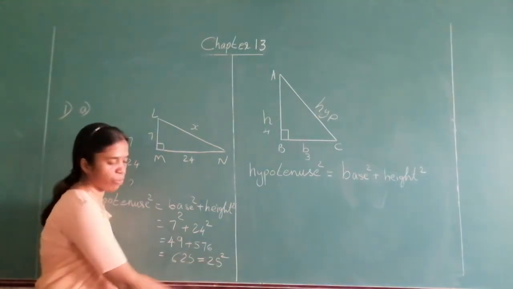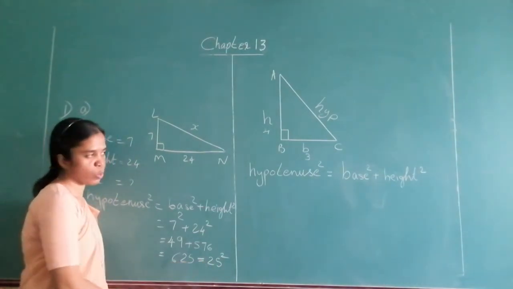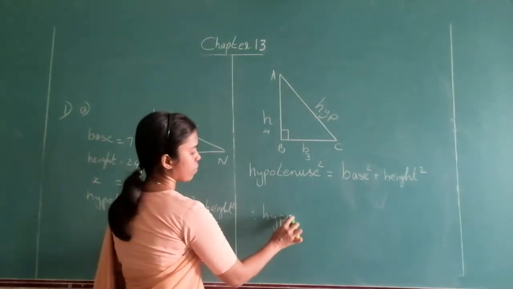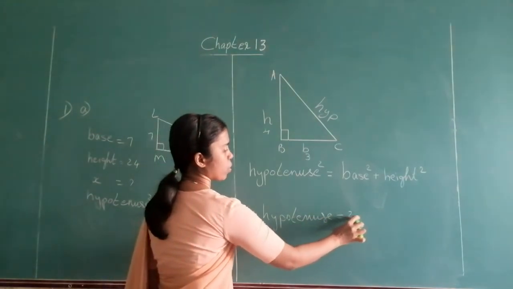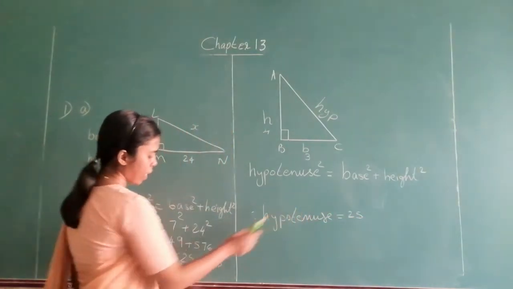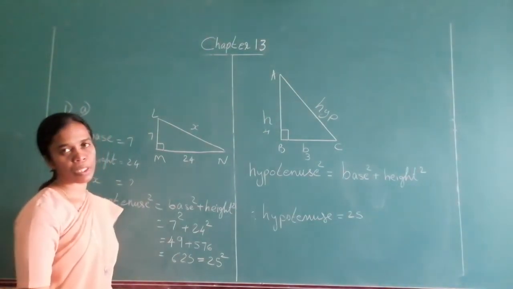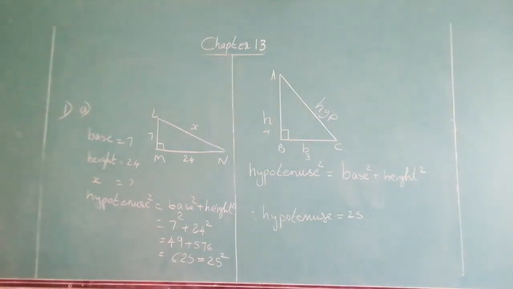So you write it as 25 square. So hypotenuse square is equal to 25 square. Therefore, hypotenuse is equal to 25. Both the sides squares have been cancelled. So you get it as 25. Okay. Please copy it.